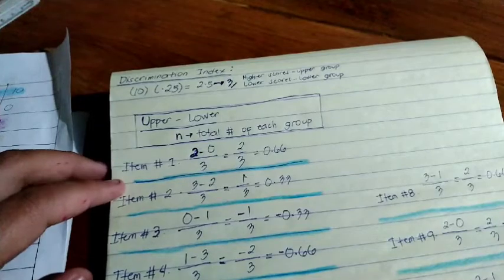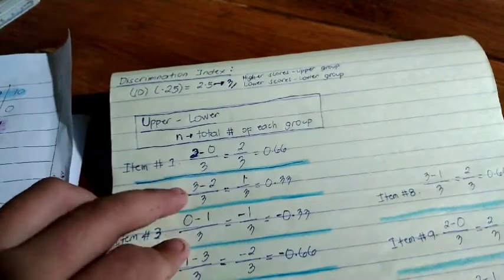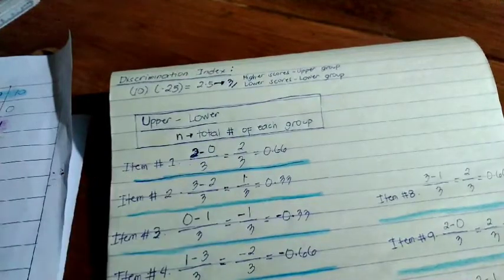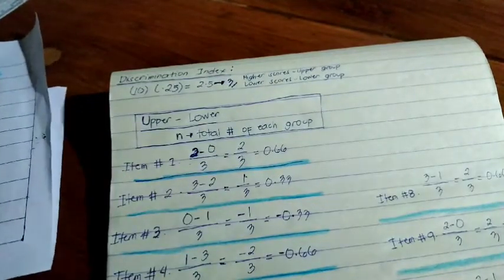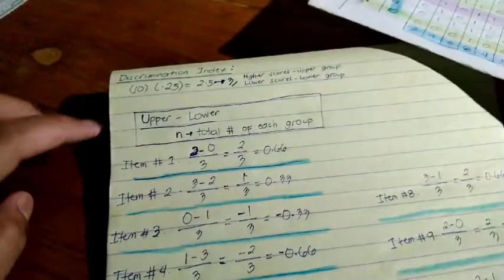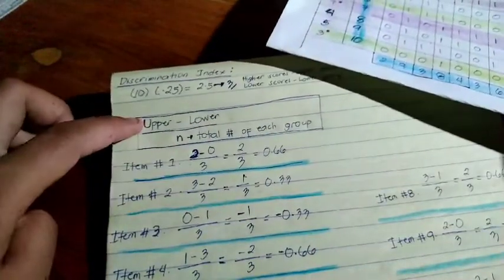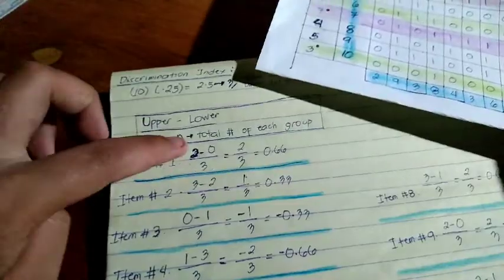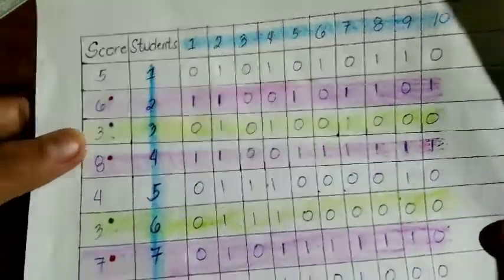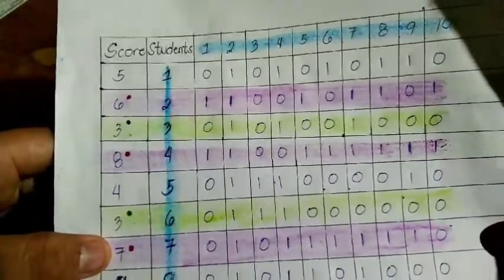Example, item number 1: 2 minus 0. Where did the 2 come from? We look for the upper group. Our upper group is 6, 8, and 7.